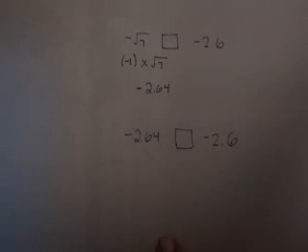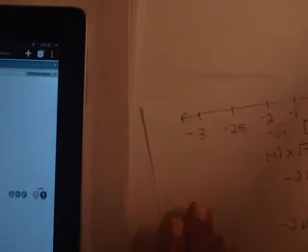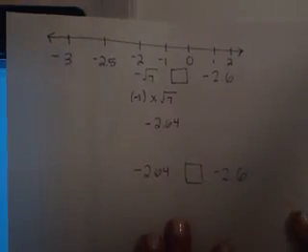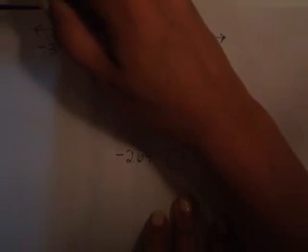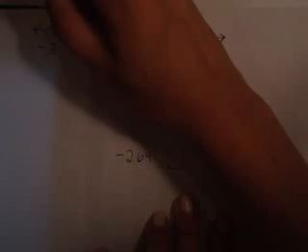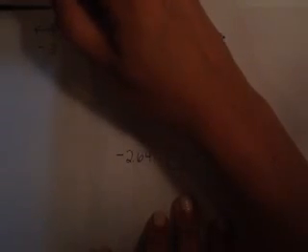But we're talking about negative, so if we draw our number line, we have negative 3, negative 2.5, negative 2, negative 1, 0. Okay, so we're going to see which one's greater. So negative 2.64 is going to fall approximately right here. Okay, that's negative 2.64.